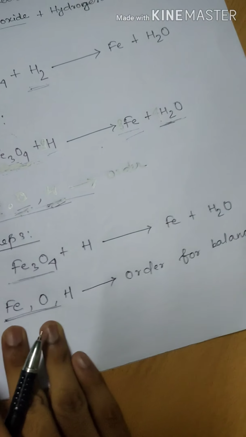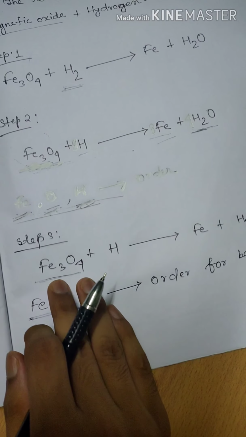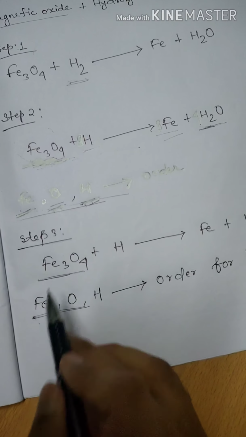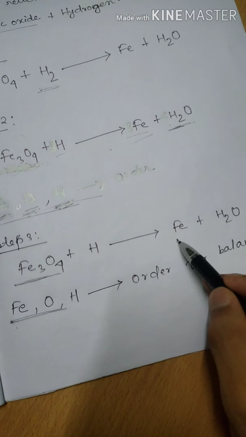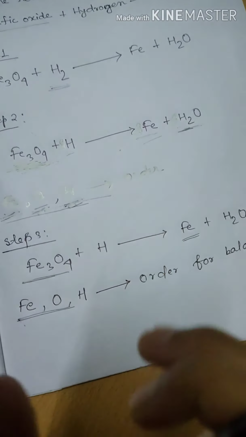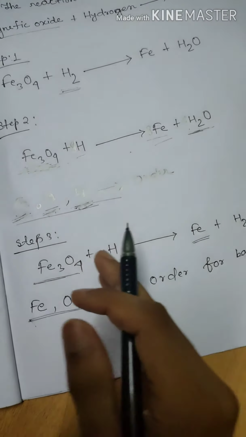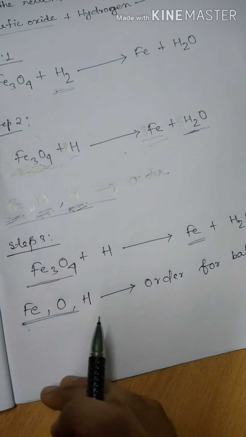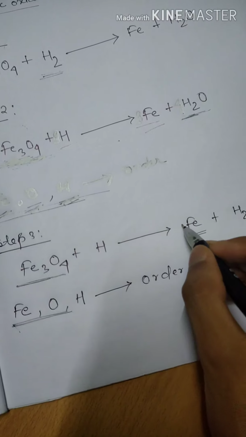Now see here, in the left side, meaning in the reactants, how many iron atoms are present? 3 iron atoms are present, and in the right side you see only 1 iron atom is present. So we have to balance this iron atom on both sides first. Since 3 iron atoms are present in the reactants, we have to multiply by 3 on the right side.